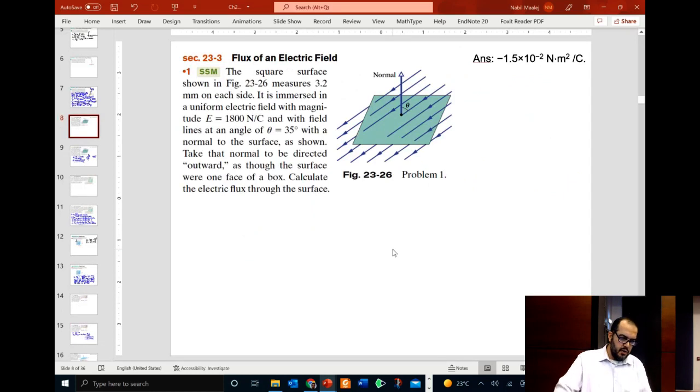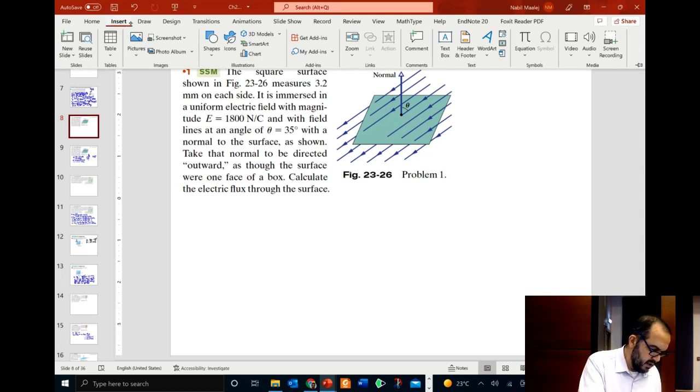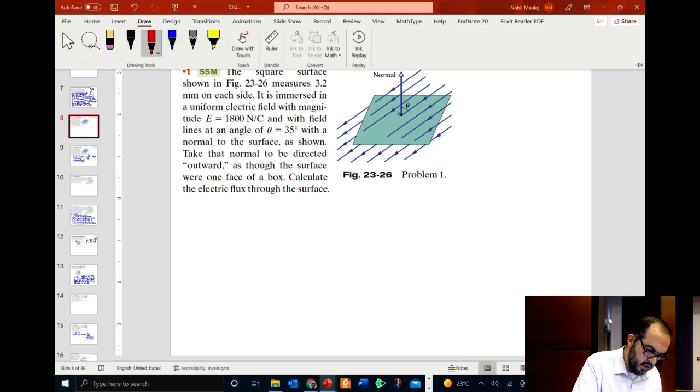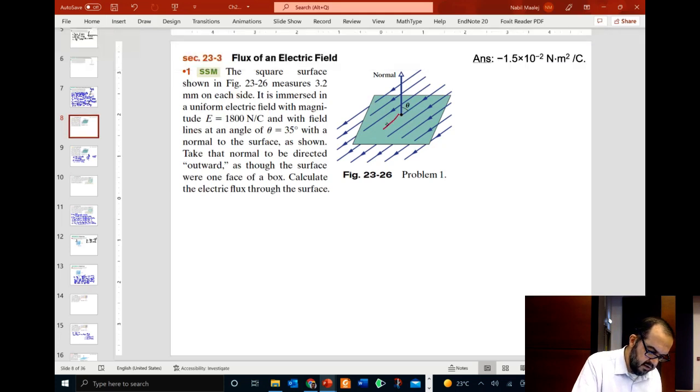Okay, so here let's indicate clearly the vectors. This is the electric field vector. It's piercing into the surface. This is the area vector, so this is delta A, the vector.